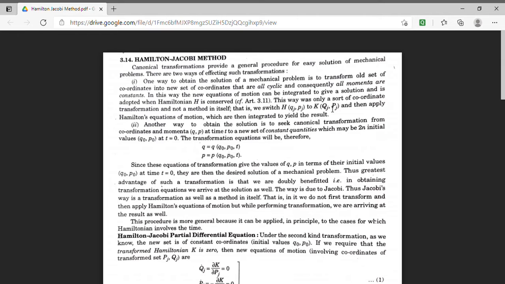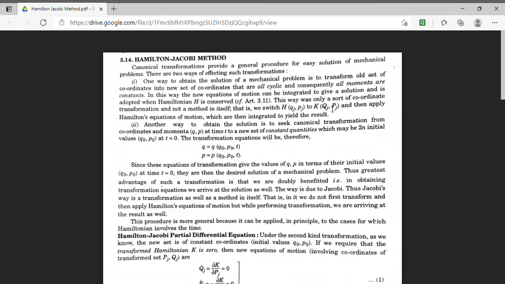For this transformation, there are two methods. The first method, which we have already discussed, is that we transform from the old set to a new set in which the coordinates are cyclic. That means momenta are constant. So, we change from the old set to the new set in such a way that our number of coordinates reduces.